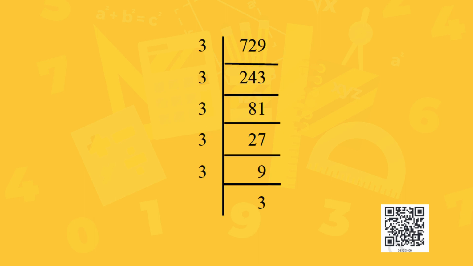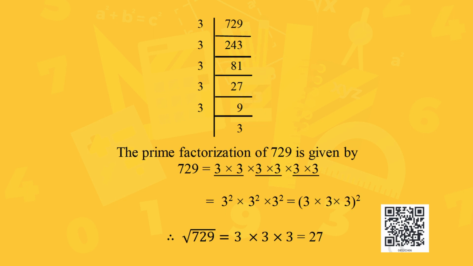If you observe, 729 is divisible by 3, 243 times. 3 divides 243, 81 times, 3 divides 81, 27 times, 3 divides 27, 9 times, and finally 3 divides 9, 3 times. So, the prime factorization of 729 is equal to 3 multiplied with 3 multiplied with 3 multiplied with 3 multiplied with 3 multiplied with 3.